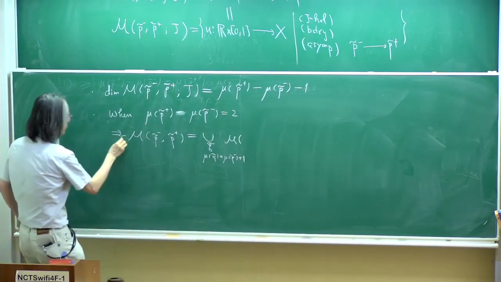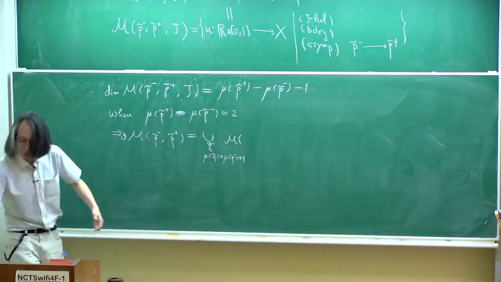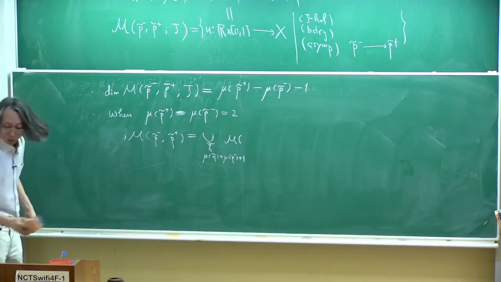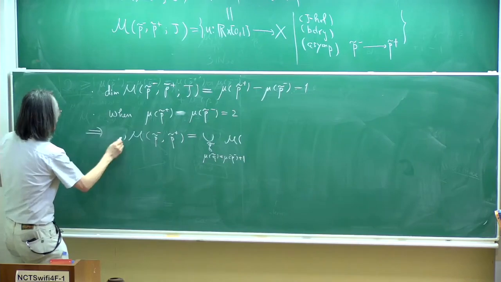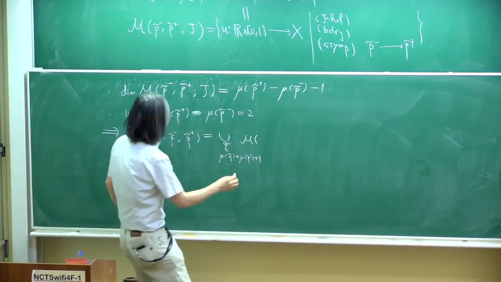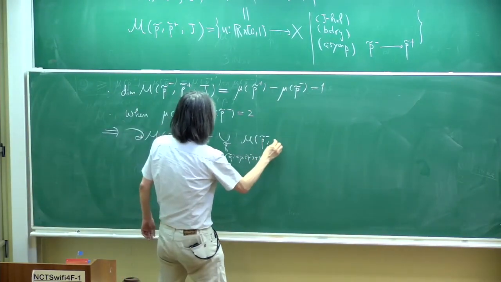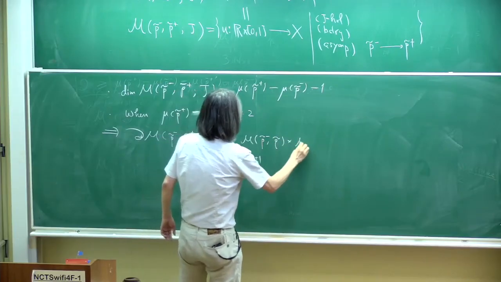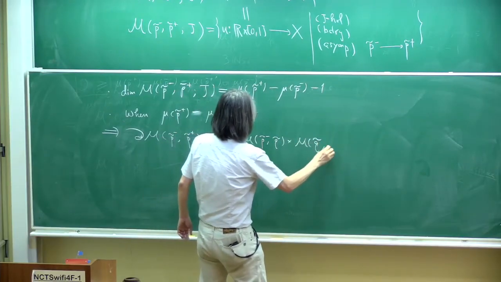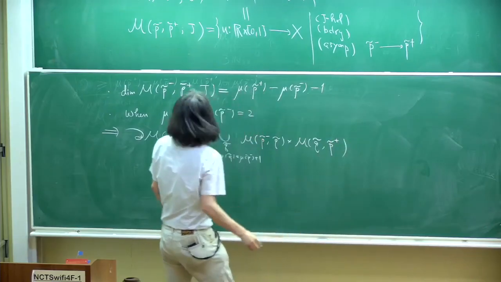Sorry, this is the boundary. Last time I forgot to put the boundary. So the boundary of this one is equal to the union of M(p tilde minus, q tilde) times M(q tilde, p tilde plus).